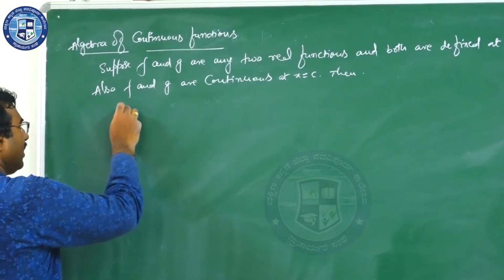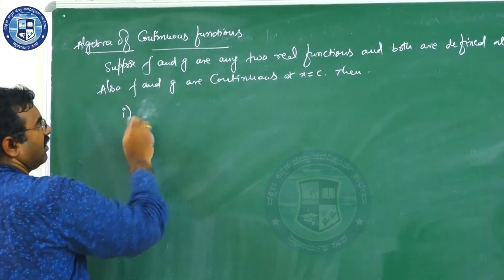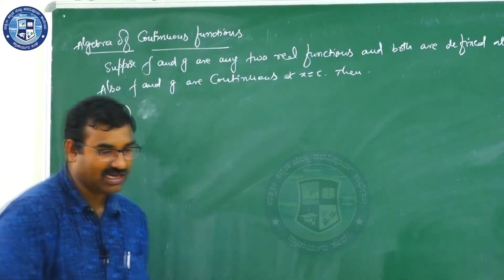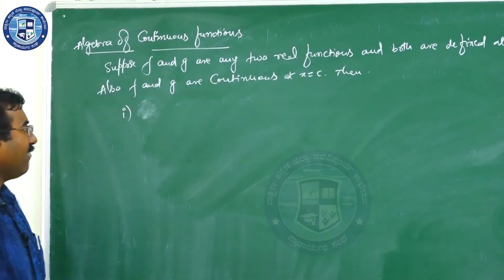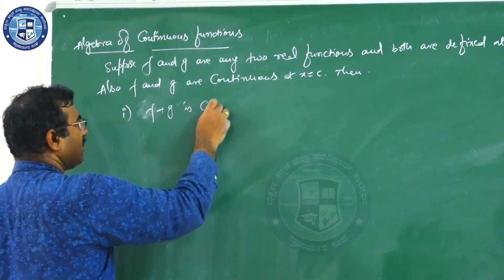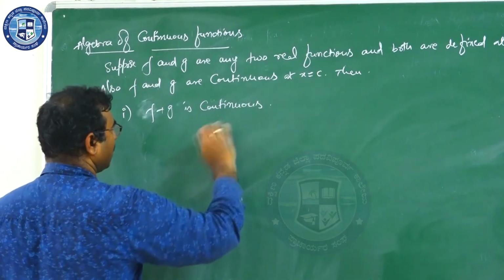First, we can write f plus g is also continuous. If f and g are continuous, then f plus g is also continuous at x equal to c.